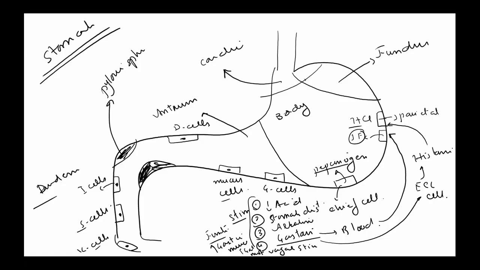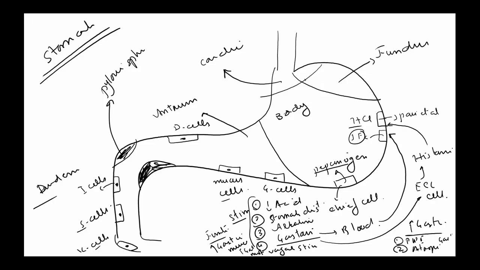And let's say if someone has chronic atrophic gastritis, so increased gastrin can be caused by PPI, atrophic gastritis. So atrophic gastritis will result in loss of parietal cells. So when there is loss of parietal cells, decreased acid. When acid is decreased, then gastrin will be high.